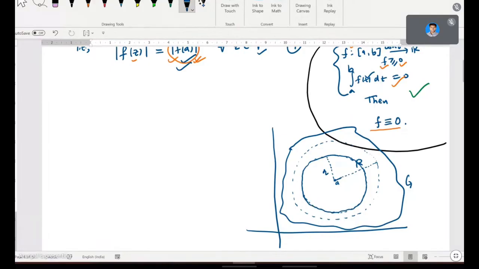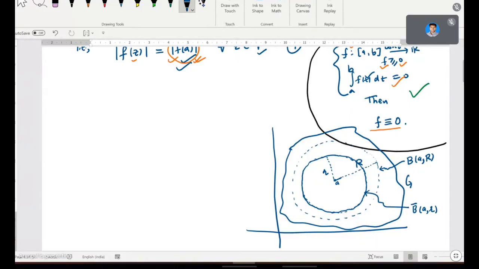Right, class? Is this okay? Now, class, what I am going to do? In fact, I am going to cover up this bigger ball. This is ball B(A,R). This is ball B(A,r). I took its closure.